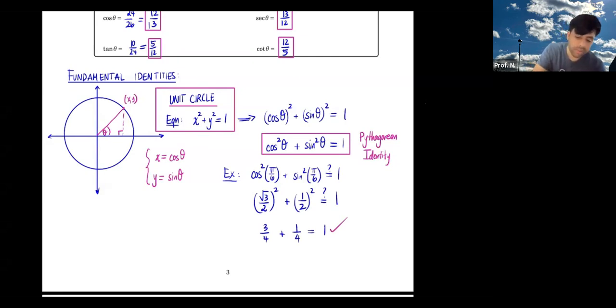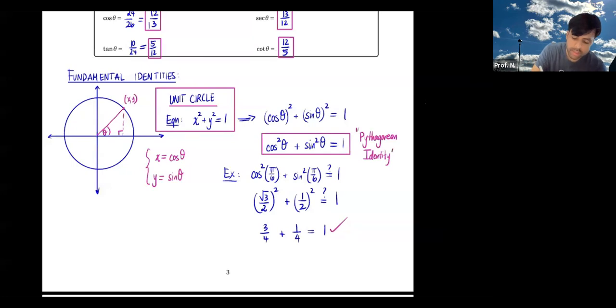And this does not only work for this angle. It works for any angle. You give me any angle, I don't care what it is, you plug it into this equation, and it will always add up to 1. Always. This is the Pythagorean identity.